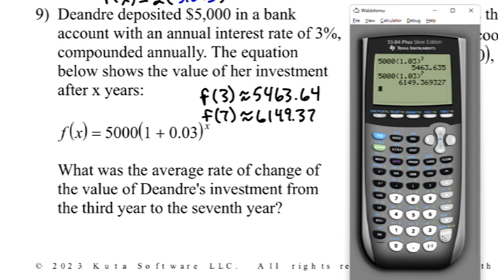Now we're going to take the first value there and the second value, and we're going to subtract.